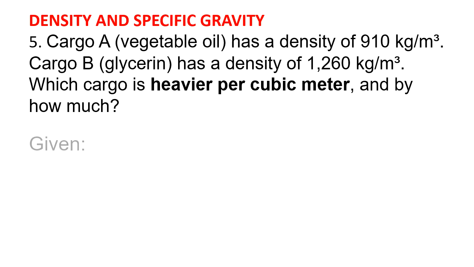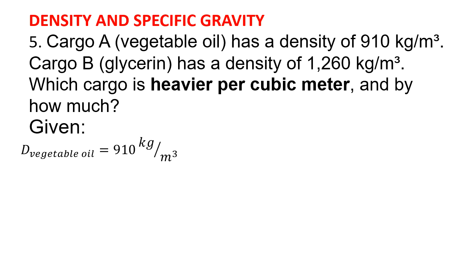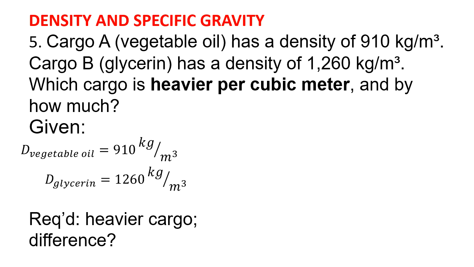Now from this problem, we know that the density of vegetable oil is 910 kilograms per cubic meter, while the density of glycerin is 1,260 kilograms per meter cube. We are required to find which one is the heavier cargo per cubic meter, which means we have to compare their density. And we are asked by how much or what is their difference.